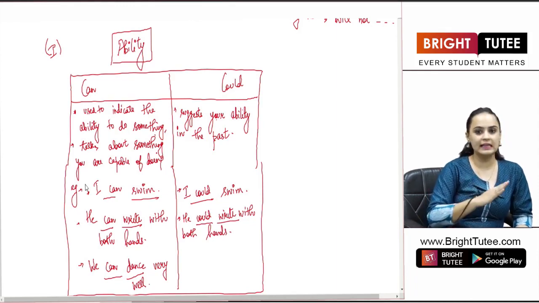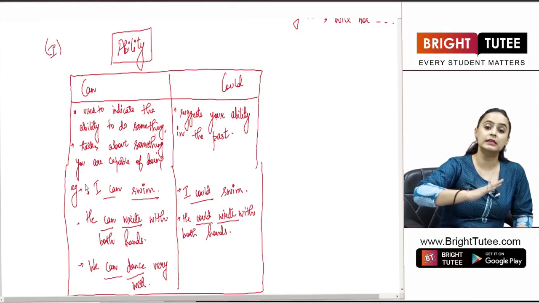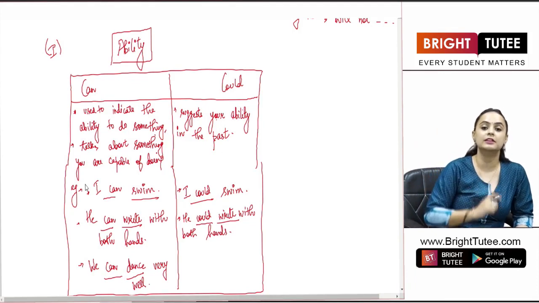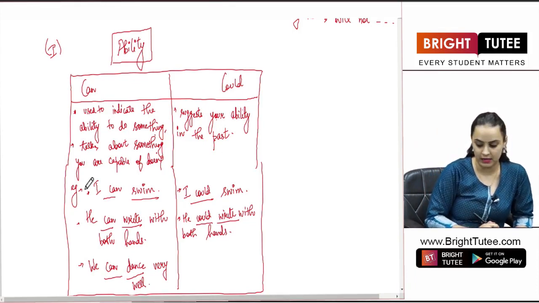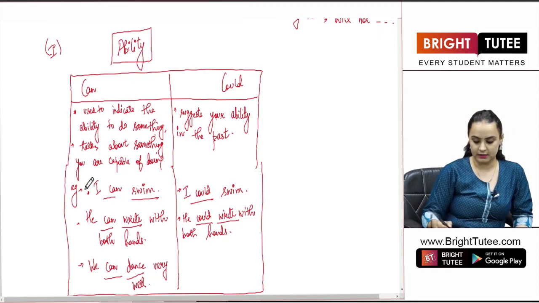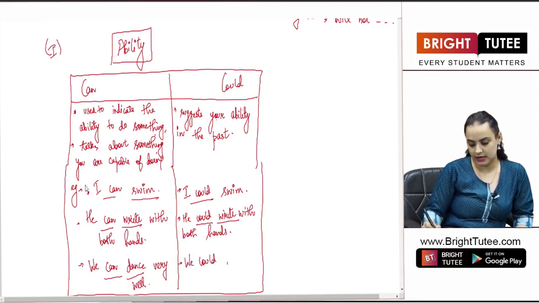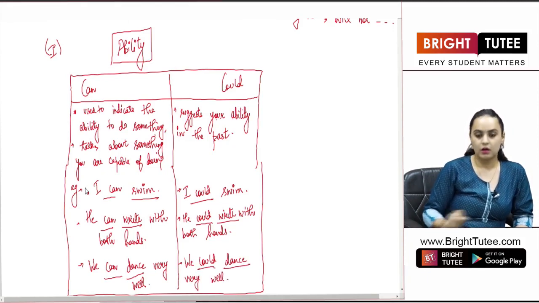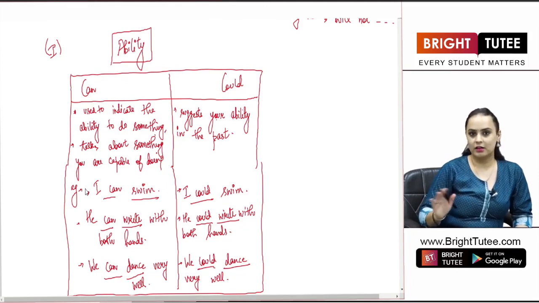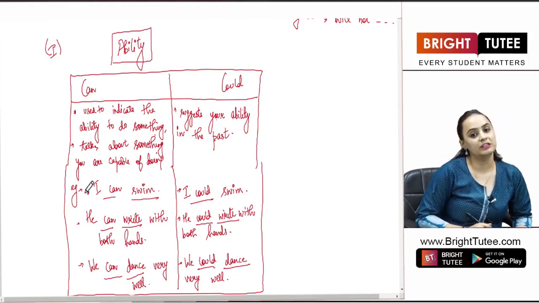That presently he can't, but earlier in the past he had the ability to write with both the hands. So, could write. Similarly, if I write, we could dance very well. So, now we can't, but in the past we could.